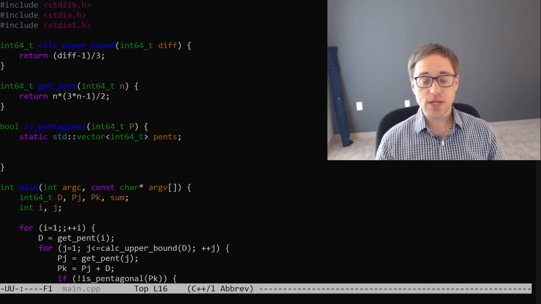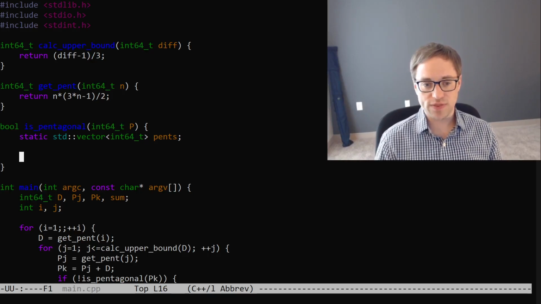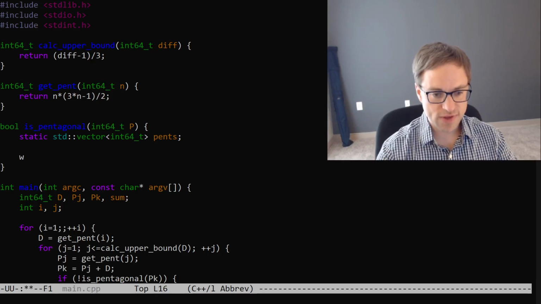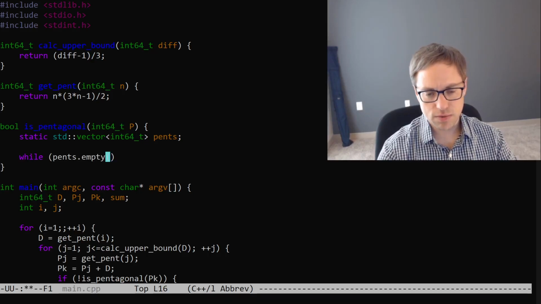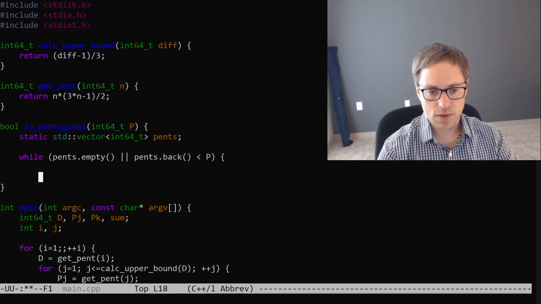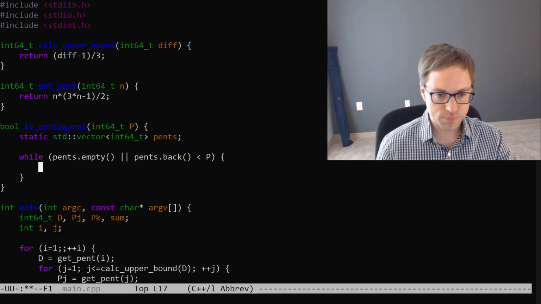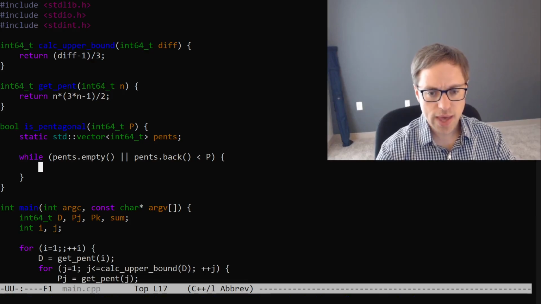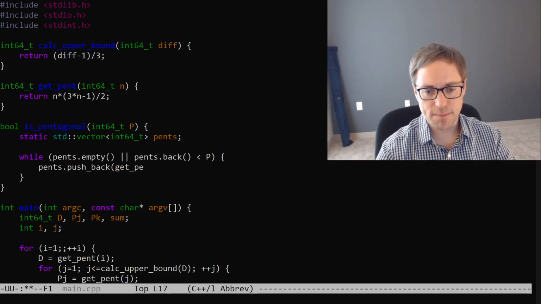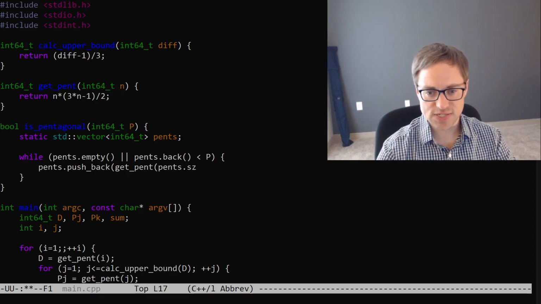Okay, now we need to initialize pents with pentagonal numbers. So we'll say while either pents.empty or pents.back is less than p, then we're going to add new elements to the list. And we'll just do that by saying pents.push_back, get_pentagonal of pents.size.